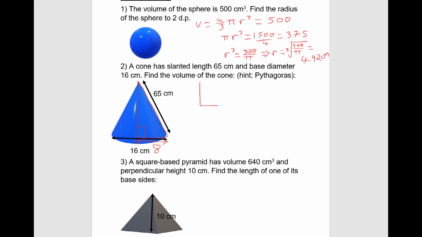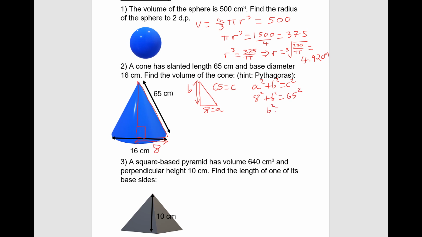So if I do a quick sketch, we should be able to work out what the height is with Pythagoras' theorem. If I call the height b, 8 a, and then 65 c, we know by Pythagoras' theorem a squared plus b squared equals c squared. 8 squared plus b squared equals 65 squared.